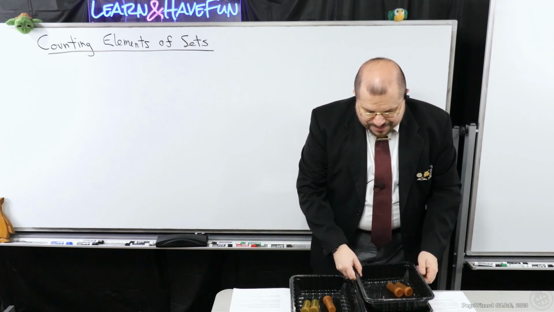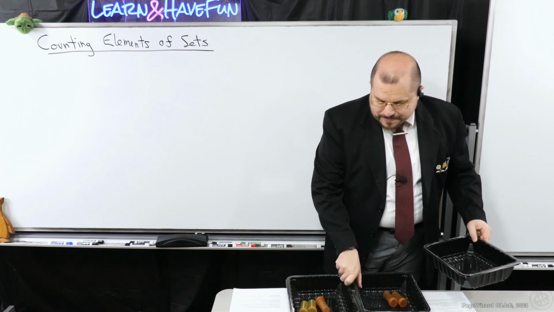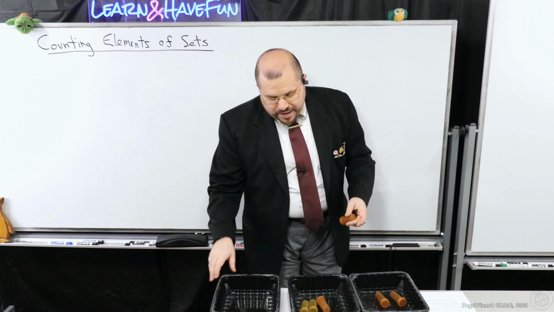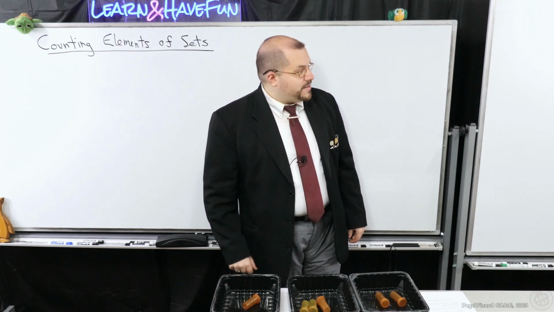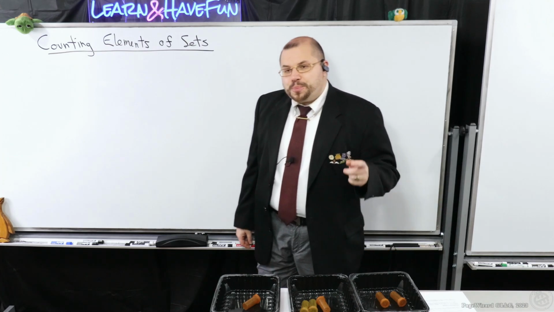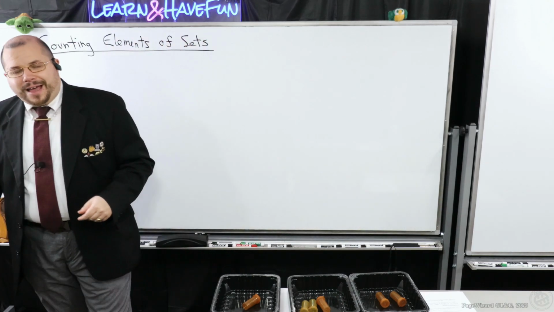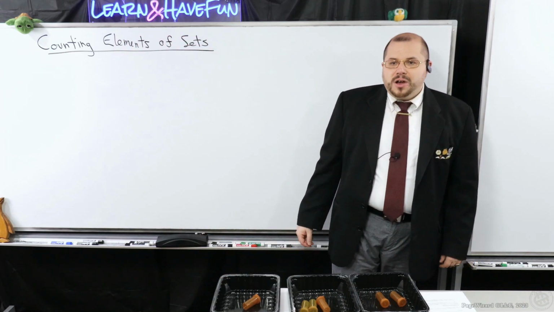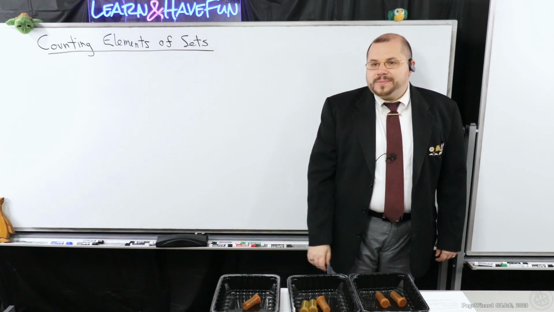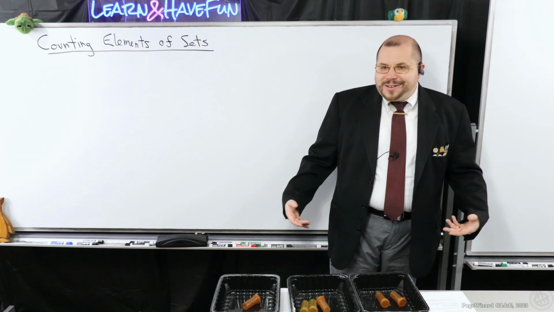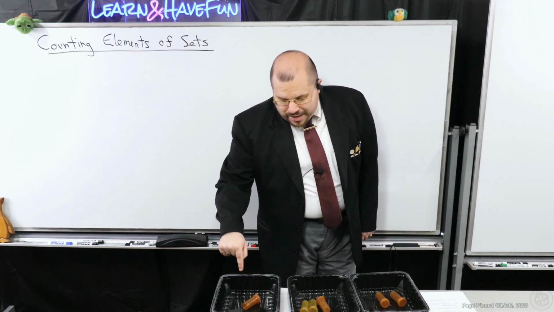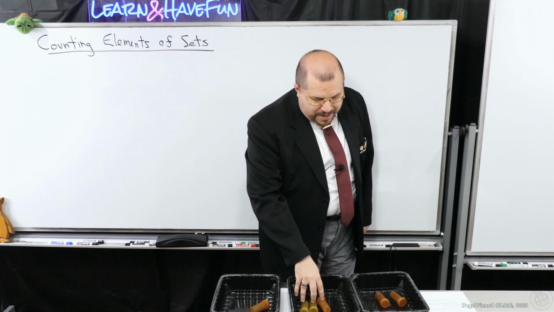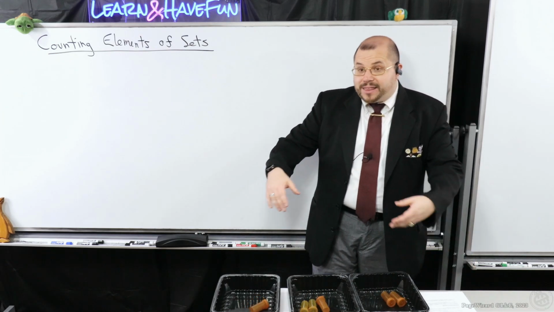Let's throw a third one in here, just to make this fun. Suppose I have a third bucket with 1 element in it. Now, what if I wanted to know how many elements were in all 3 buckets? Naturally, one way you could do this is to say, okay, there's 1 in here, 3 in here, 2 in there, so you just add them up.